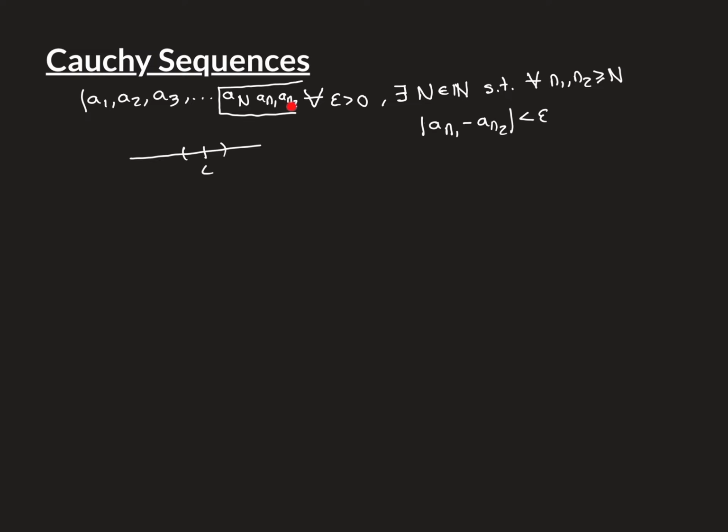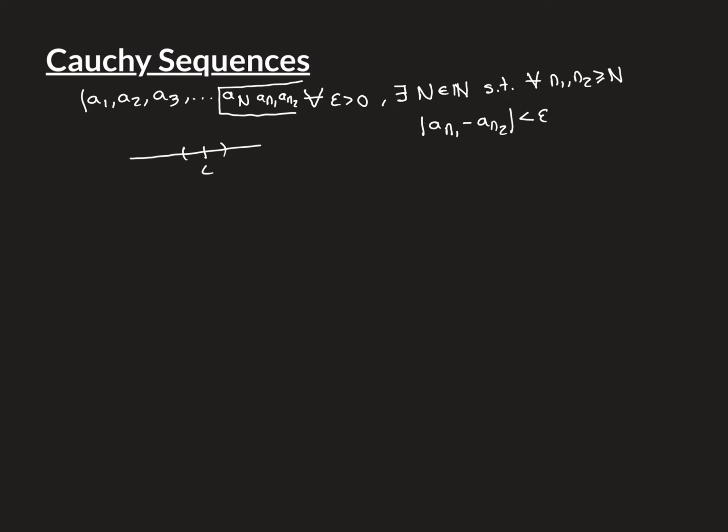N2 isn't necessarily bigger than N1, it could be the other way around, but without loss of generality we can put them like this in the picture. So if you take any two points in this tail end of the sequence and look at how far away they are from one another, it's going to be less than epsilon, and you have to be able to find such a big N for whatever epsilon.